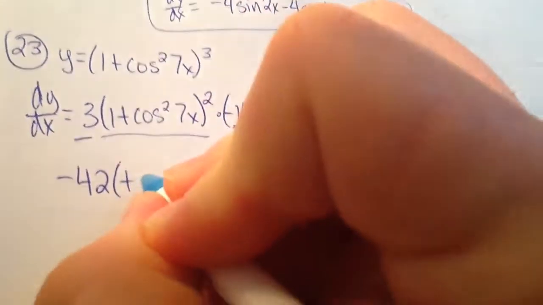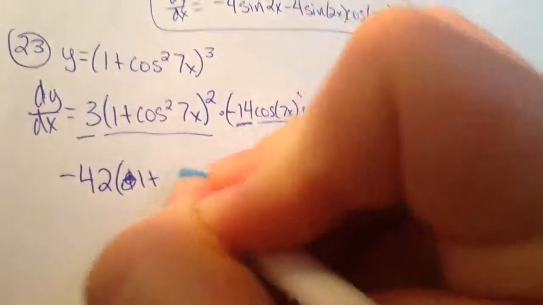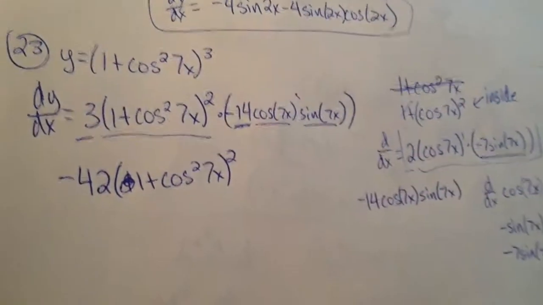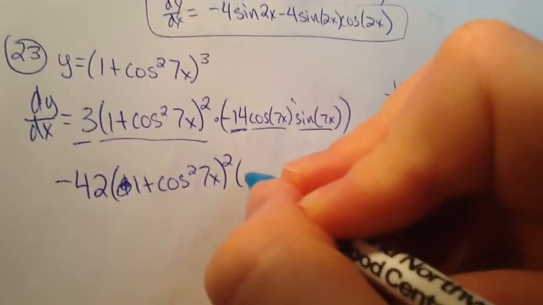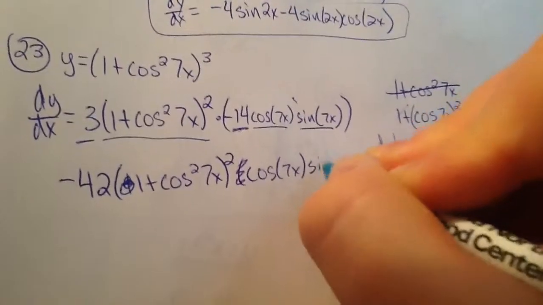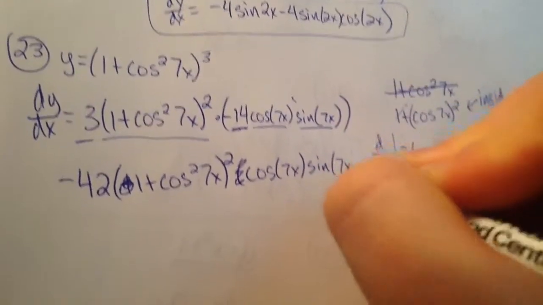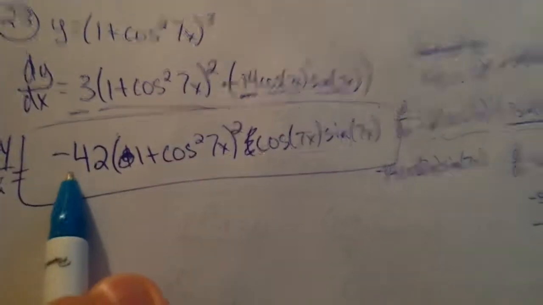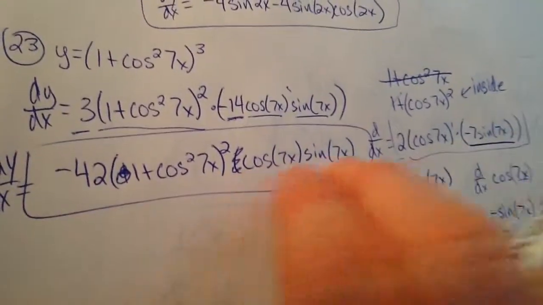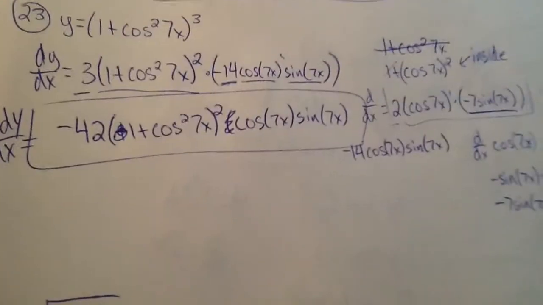Nothing good will become of that. 1 plus, that's all squared. And then times, you don't need parentheses, you could, cos of 7x times sine 7x. Doesn't even really matter what order you have all this stuff in. But usually you put the number, just the number part in front, and then you have these 3 pieces that are just multiplied together. And that's your final answer for that one. That one's ugly.